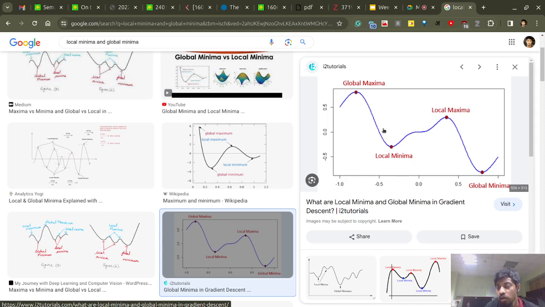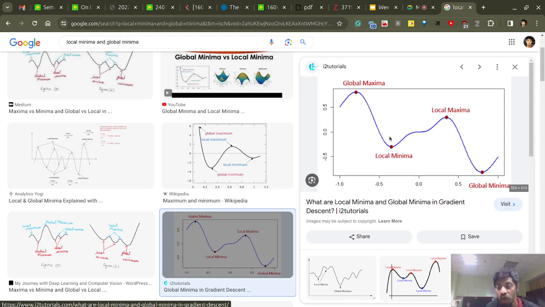If you come here, you will see that on the left it is higher, on the right also it is higher, and you don't even know that the global minima exists, because you are starting from here. So we will think that on both sides there are higher points, so maybe this is the minimum, but actually this is not the actual minima, right?